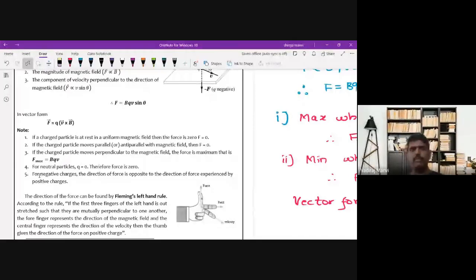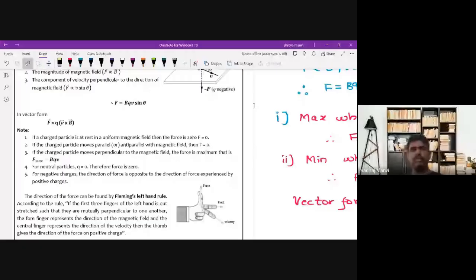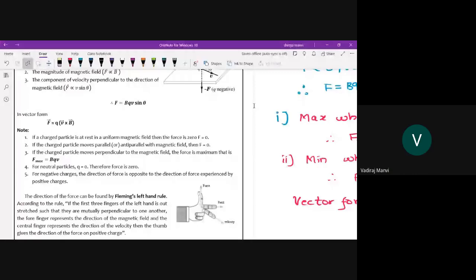But remember, for negative charge, the direction of force becomes opposite to positive. Here, whatever direction I am talking, we assume positive charge. Because earlier scientists thought everything was because of positive charge. But later, after the discovery of the electron, they came to know that it is not due to positive charge, but it is due to electrons which are negatively charged.